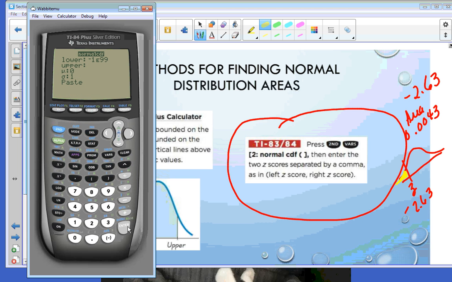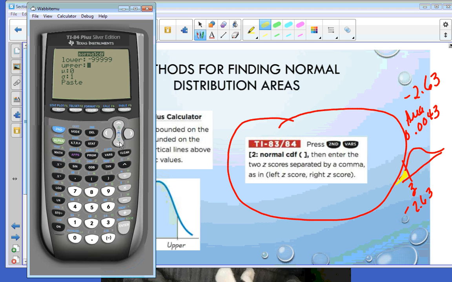Now on my 84, it's giving me prompts. It says negative 1 times 10 to the 99, which means it's going to be 0.000000 all the way down to 1, so it's going to be significantly small. Those of you who have to punch in exactly what it is, I'm going to show you what to punch in. You should punch in negative 99999. That's my lower end because it goes all the way to the very end of that normal curve.